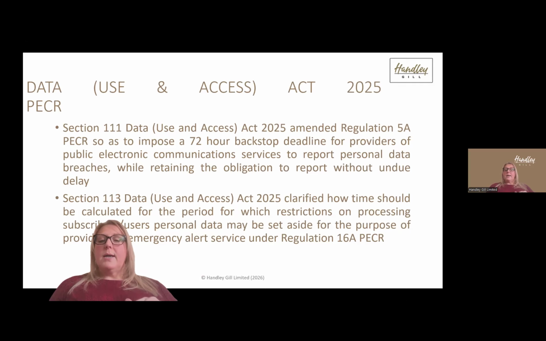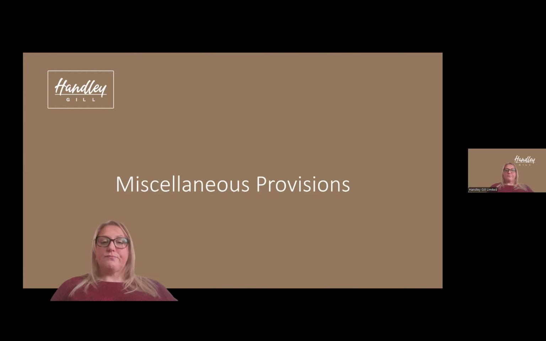Section 113 clarifies how time should be calculated in relation to the period for which restrictions on processing subscribers' and users' personal data can be set aside when public electronic communication services providers are providing an emergency alert service under Regulation 16A of PECR, just how you calculate your 7-day time period for that.